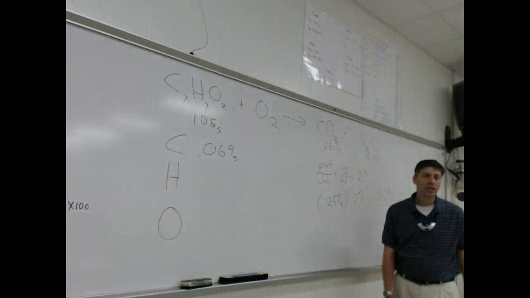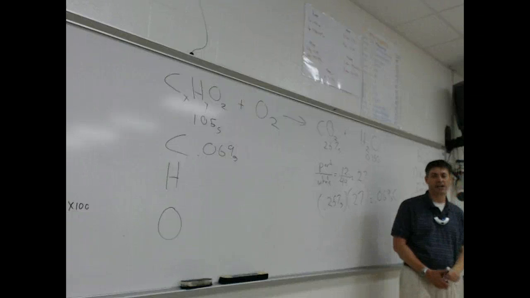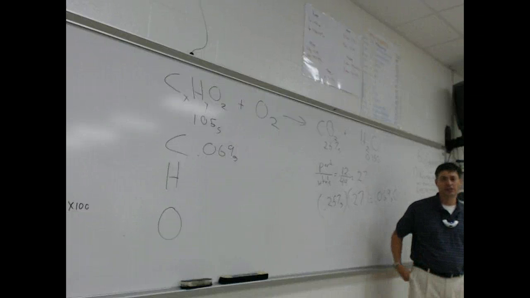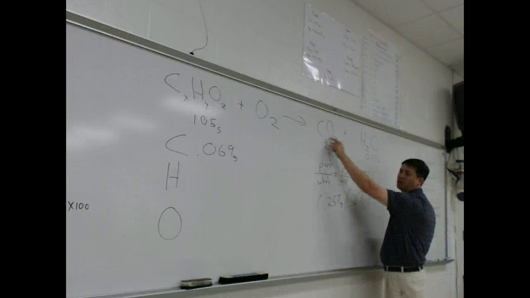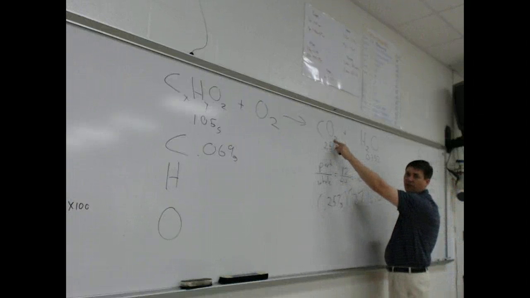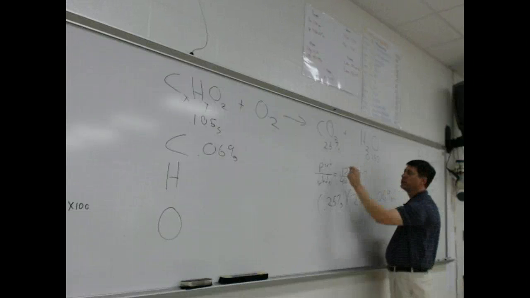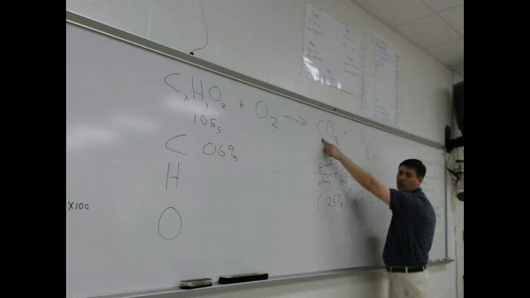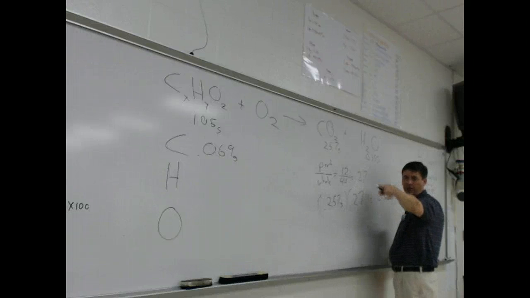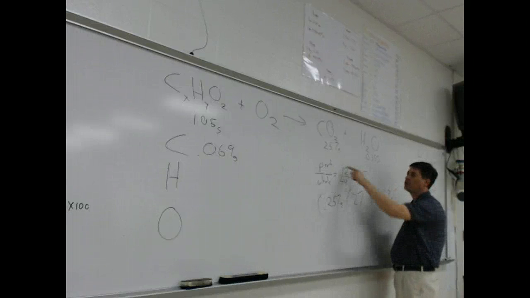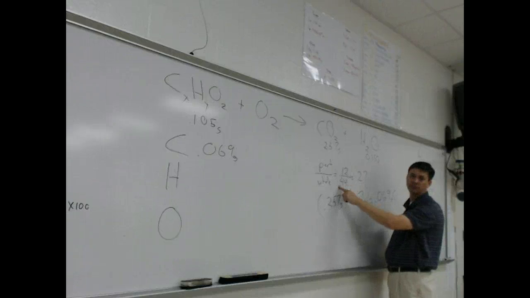Okay? Questions? Julia! Where did you get the sulfur? Carbon dioxide has a molar mass of 44. The carbon is 12 of it. Look at your periodic table. Carbon is 12. 12 divided by 44.